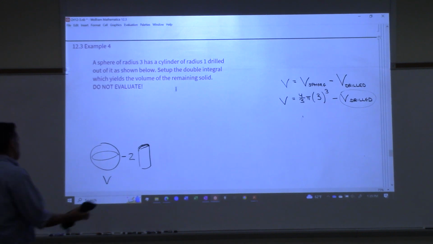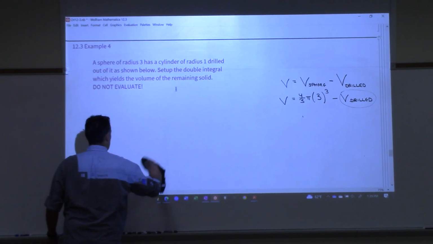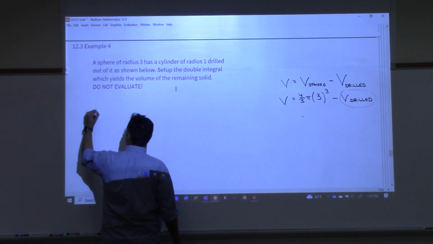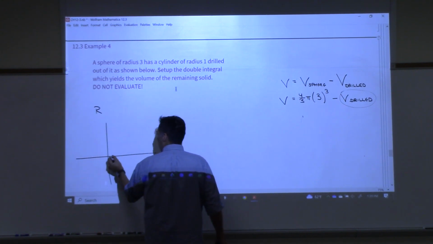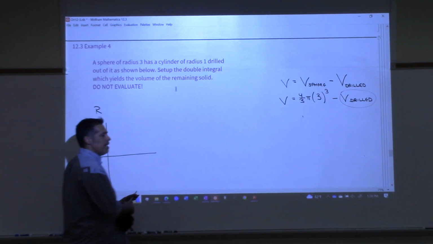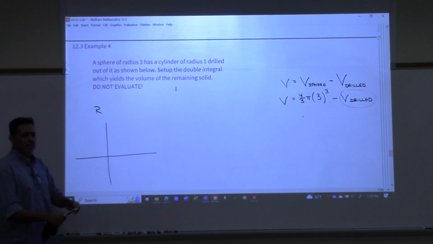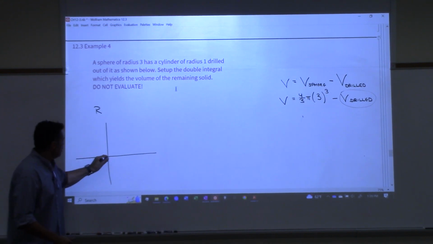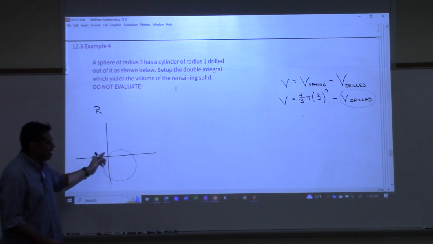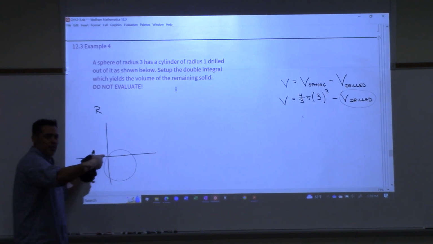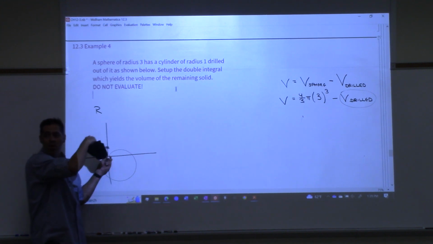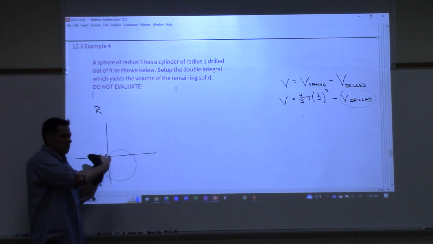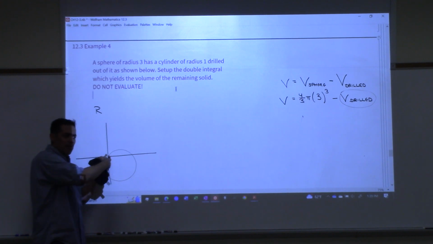All right, so let's do this. In terms of my domain, my region R on the ground, I have this picture. Now, I could orient this drilled out piece any way I want, as long as it runs parallel to the z-axis going into the board, like my drill bit is parallel to z the whole time.